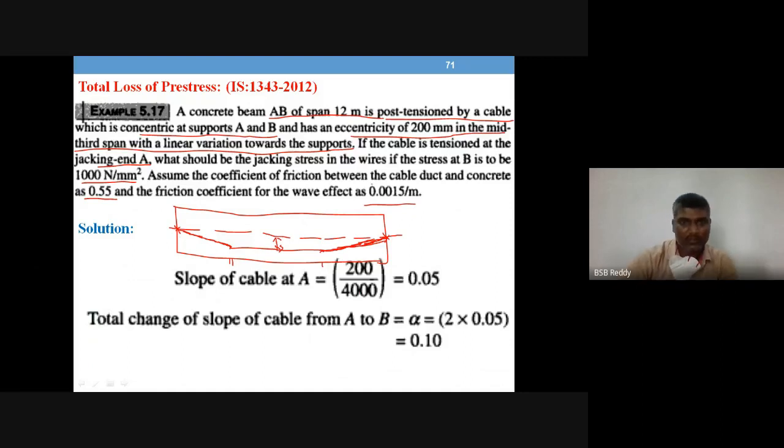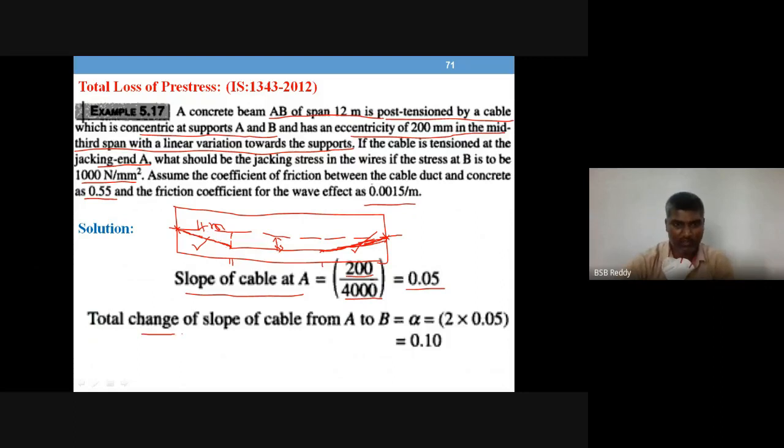So the slope value that you are calculating is only for these end portions, and in the middle portion there is no slope at all. So slope is 200 divided by 4 meters, which is one third of the span. 4 meters means 4000, so 200 by 4000 gives you the slope at one third portion.